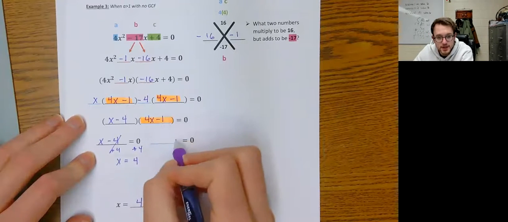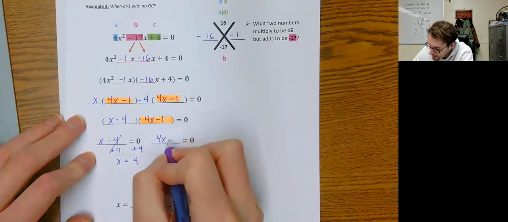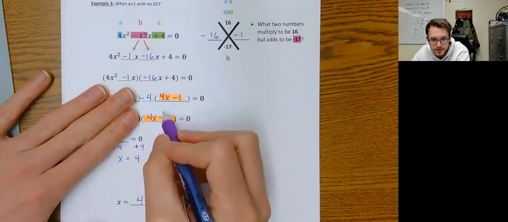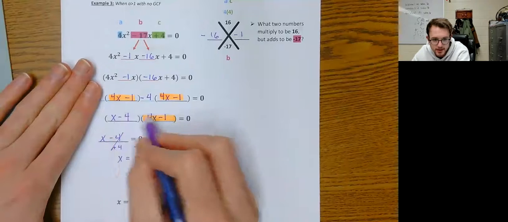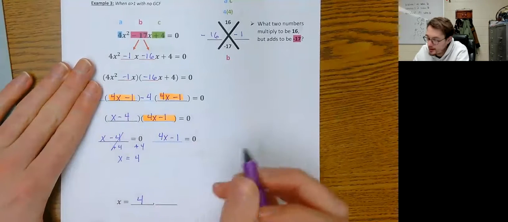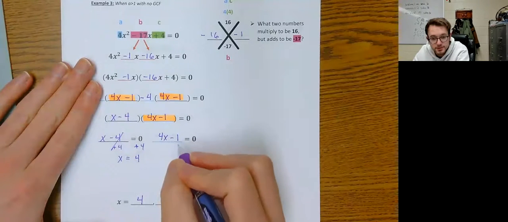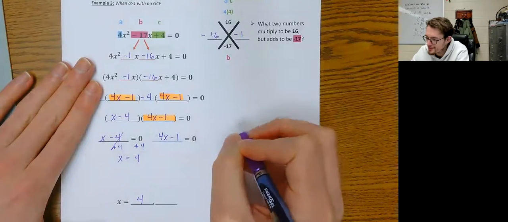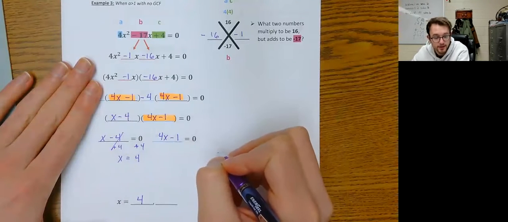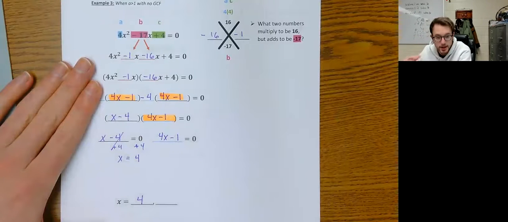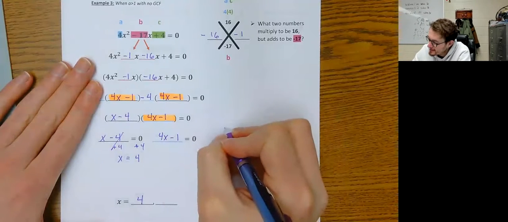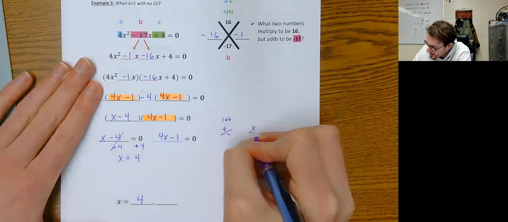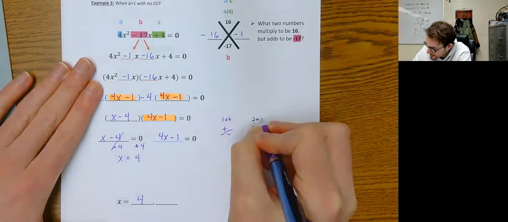Here, it's a little more difficult to see. So if I set 4x minus 1 equal to 0, because again, if I make this whole thing 0, 0 times this is 0, because 0 times anything is 0. So get rid of subtraction first. If you don't remember how to solve equations, you cancel out addition and subtraction first, and you cancel out multiplication and division second.